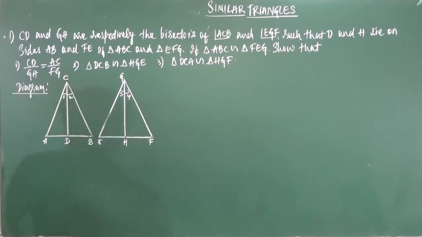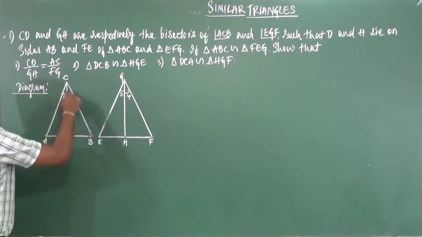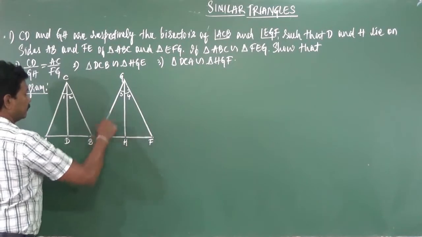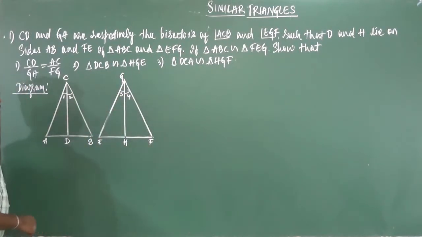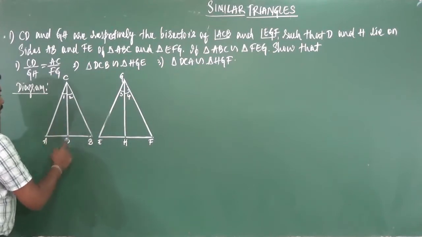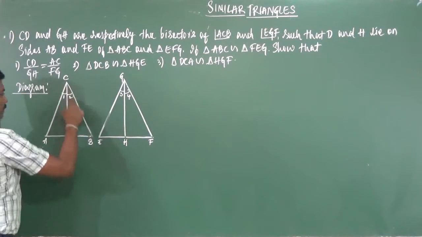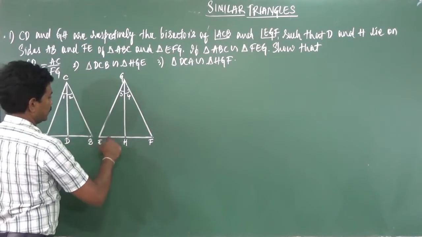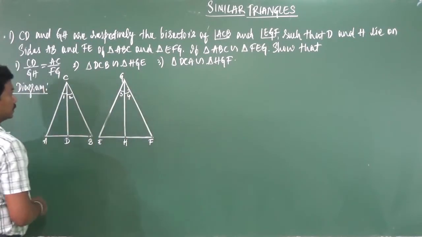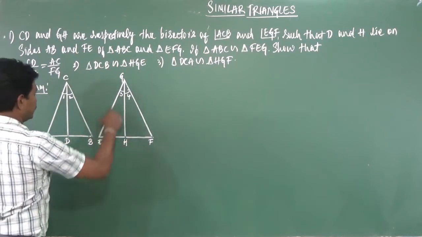Now, if triangle ABC is similar to triangle FEG, here you have to be very careful at this point, because while naming the triangles he has taken the style like this: triangle ABC and triangle EFG. So he has taken FEG.